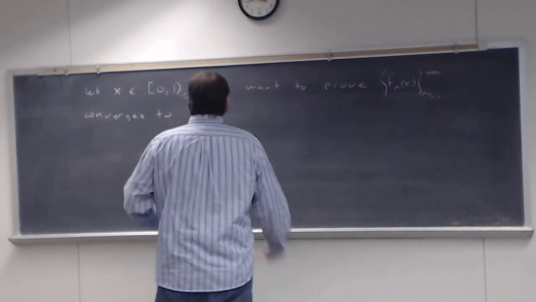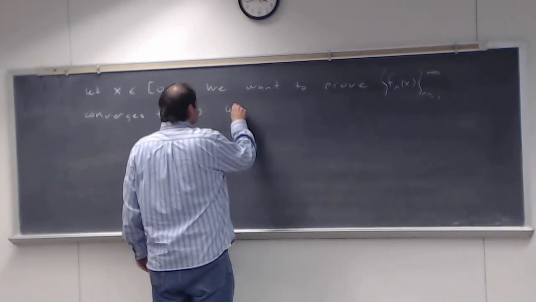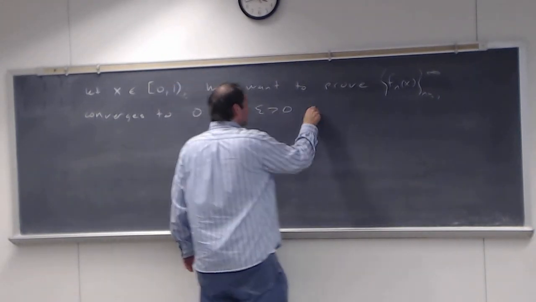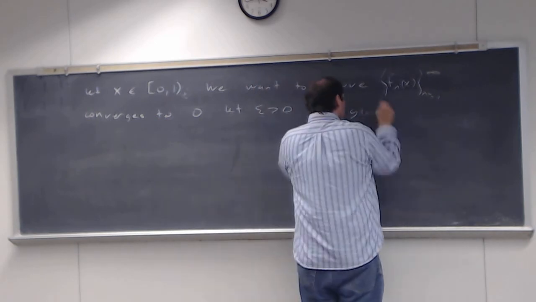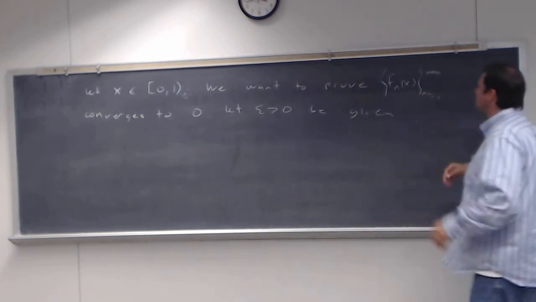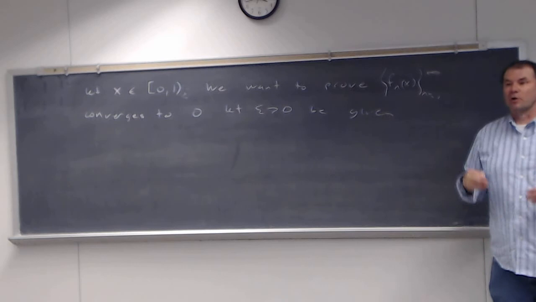Well, here's what we do. We let epsilon be greater than 0 be given. How do I show the sequence of numbers converges to 0?